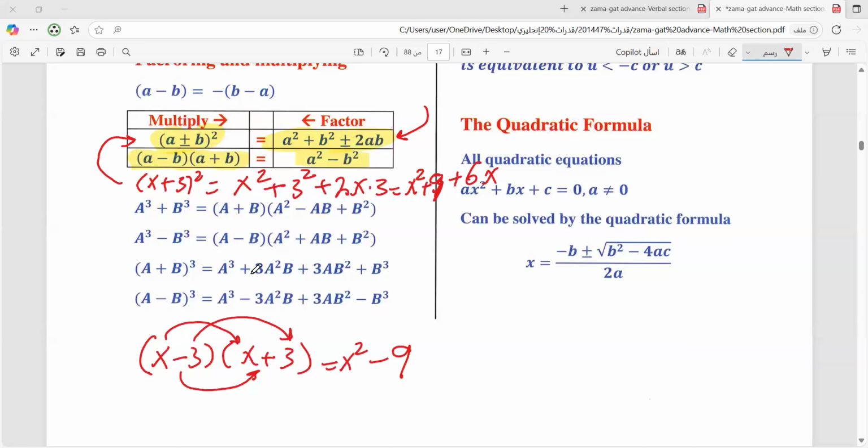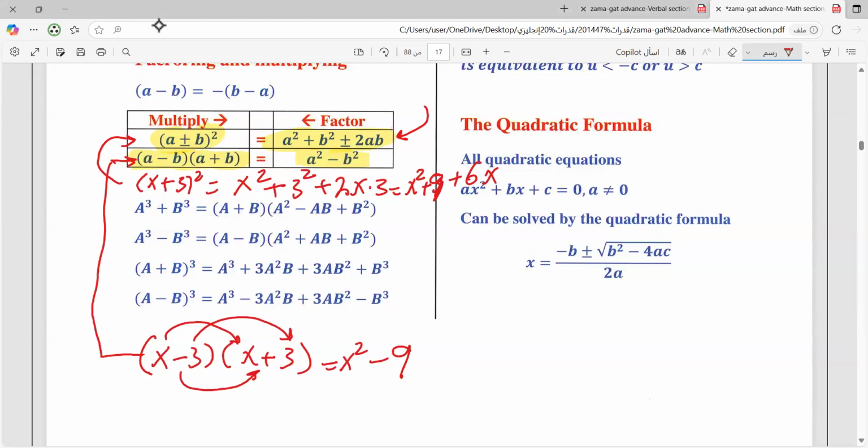Yeah, these ones. Yeah, here, the same example. (a minus b)(a plus b), you multiply a times a is a squared. No, I mean the one in blue. a cube plus b cube equals. Ah, you mean this? Yes.